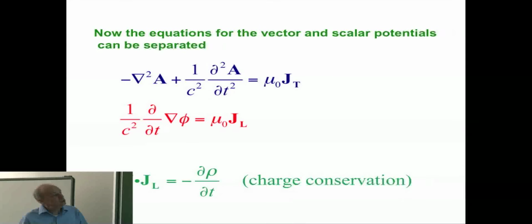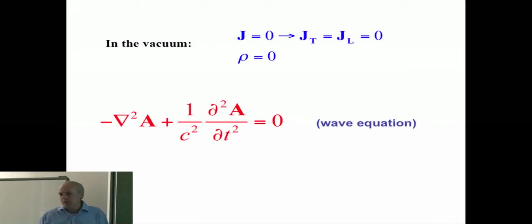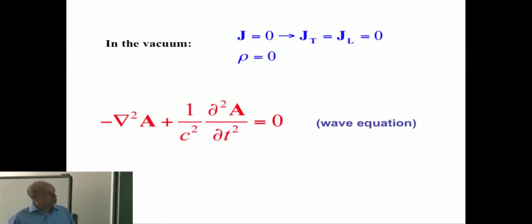Now, you see that if we do it this way, we get an equation for only the vector potential, which is a wave equation. If we assume we are in vacuum space, in the sense that there are no electric charges or currents, we can put J equals 0 and also rho equals 0.